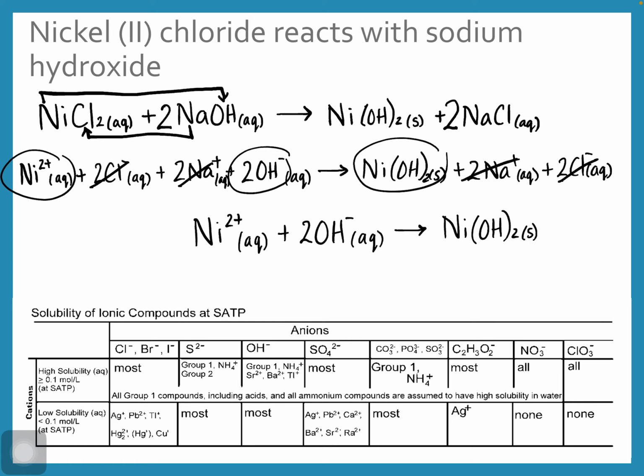So that is my net ionic equation. This is the overall reaction that would happen when I take nickel chloride and add sodium hydroxide to it.